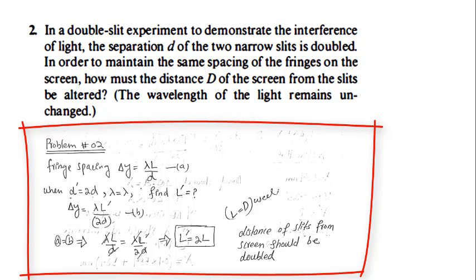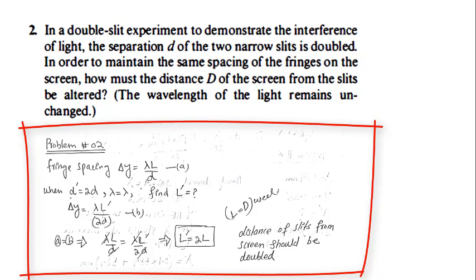Here the slit separation is doubled, meaning the new d is 2 times d, so d prime is equal to 2d. The wavelength remains unchanged, so lambda is equal to lambda. Now we are asked to find the slit screen separation, that is L dash. So I can write delta y is equal to lambda L prime divided by d prime, which is equal to lambda L prime by 2d.